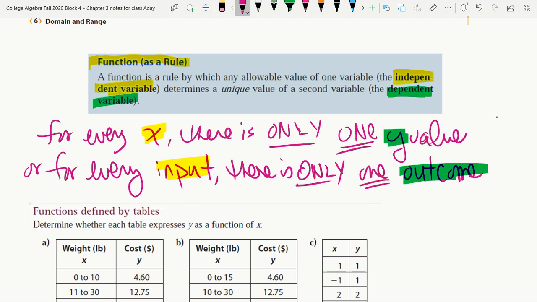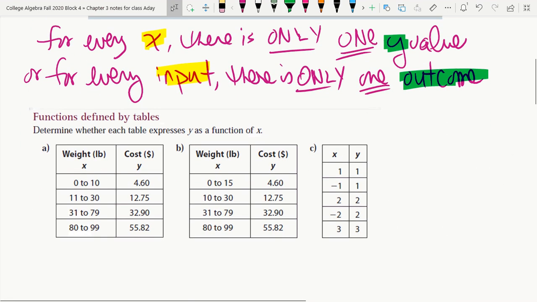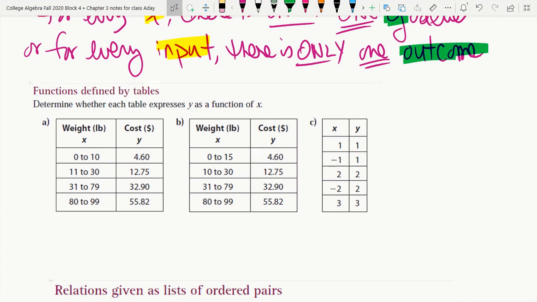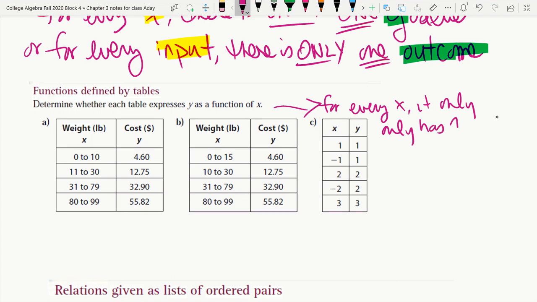And example 1, functions defined by tables. Determine whether each table expresses y as a function of x. Meaning, for every x, it only has one y value. So question A, from 0 to 10, the cost is $4.60.